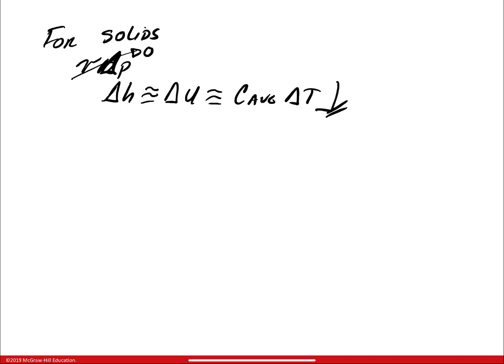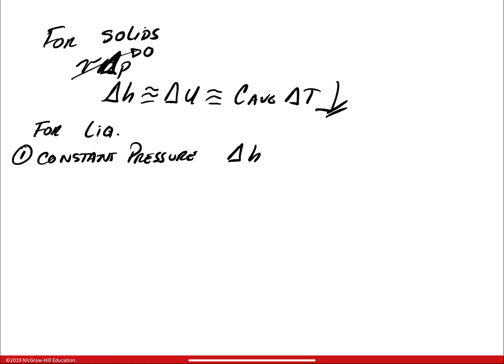For liquids, I have two cases. First case, when we have constant pressure, and this is pretty much delta H equals delta U plus v delta P. So this term becomes 0, and we have the same case that we had over here.